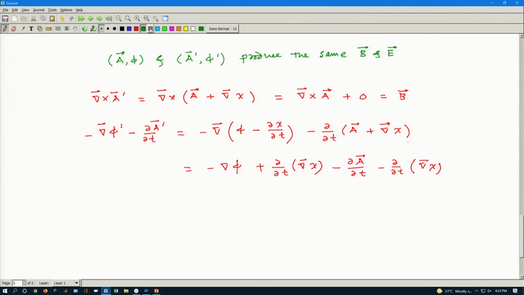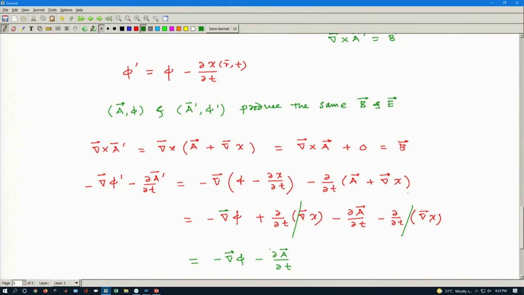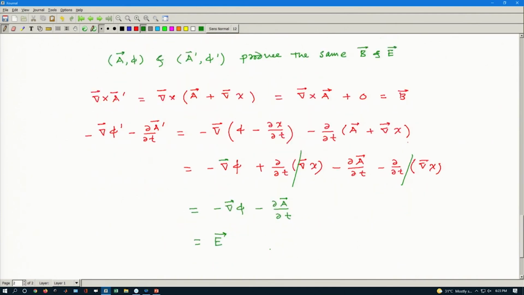Note that these will going to cancel out, this quantity and this quantity will going to cancel out, and eventually what I am left with is this minus del A del t, which is equivalent to my old E. Okay. So, that means A prime and phi prime will produce the same E and B.